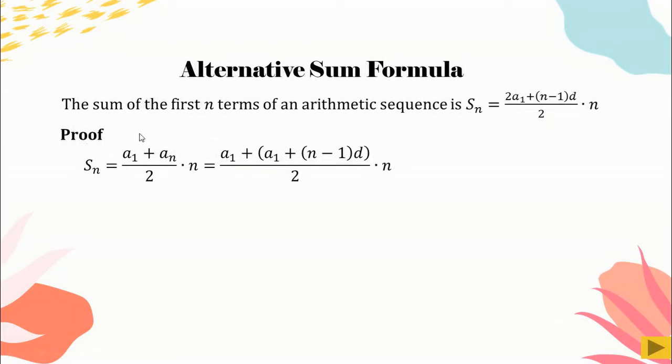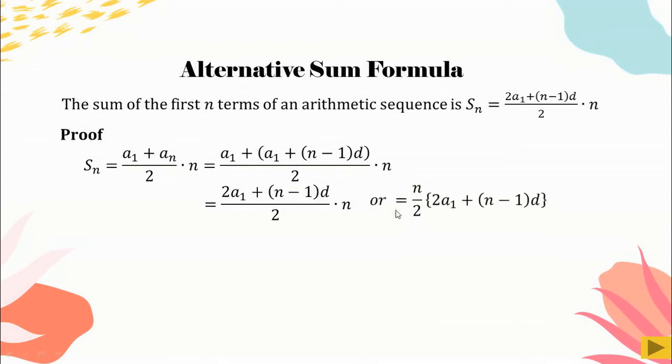So we change the general terms with the first term plus n minus 1 times d over 2 times n. So here we can simplify this one. We can say the formula is 2 times the first term plus n minus 1 d over 2 times n, or n over 2 times the first term plus n minus 1 times d.